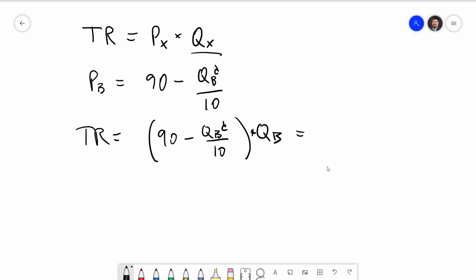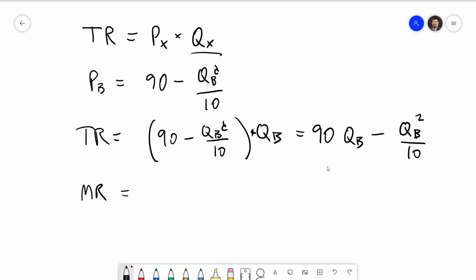I'm going to distribute that through. And so we get 90 QB minus QB over 10. The QB is going to be squared. I'm going to drop the D for now, since we're just talking about the total revenue. To get the marginal revenue, let's take the derivative. So the derivative of 90 QB minus QB squared over 10, we can split that into two parts.